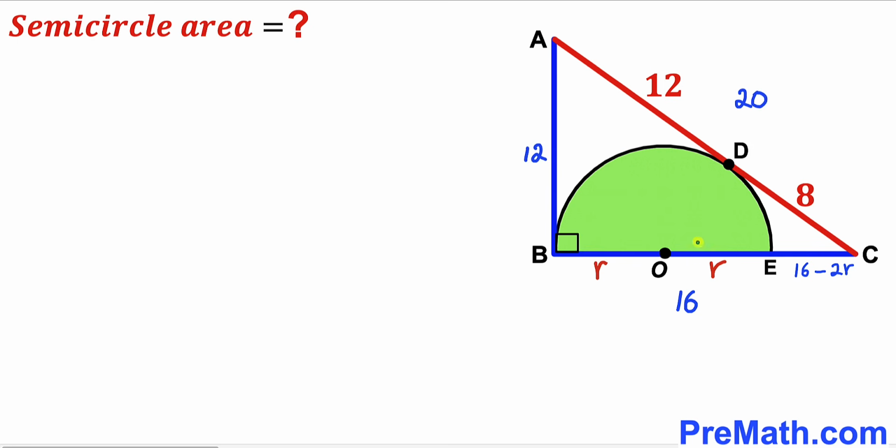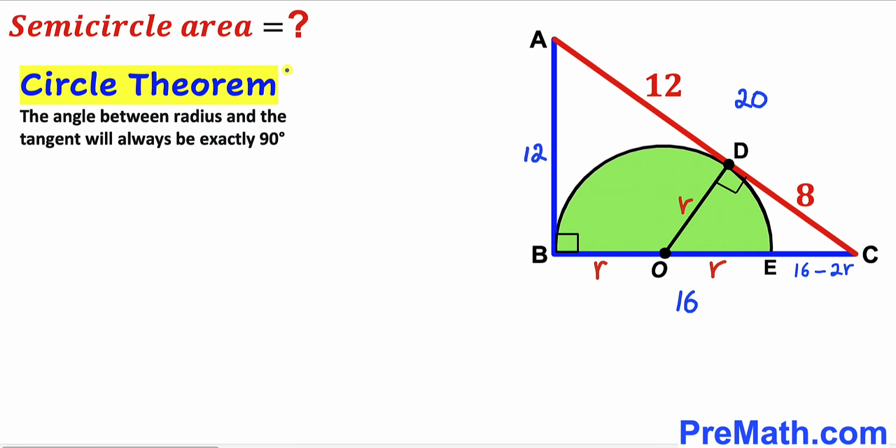Here's our next step. I'm going to connect this center O with this point of tangency D. We can see that this OD is the radius of this green semicircle, so I'm going to label that one as lowercase r. Now let's recall the circle theorem.